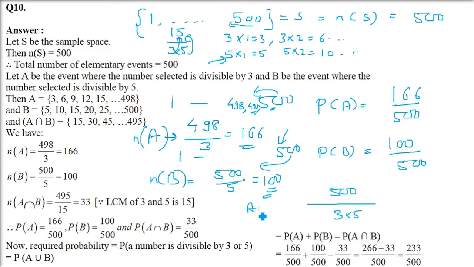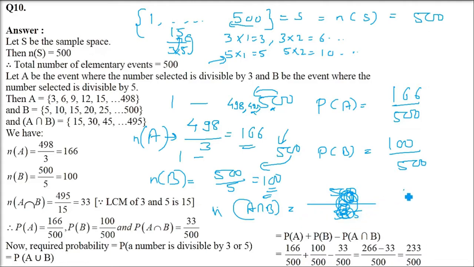Divide 500 by 15. This is the number of elements in set A intersection B, because it is divisible by 3 and 5 both.